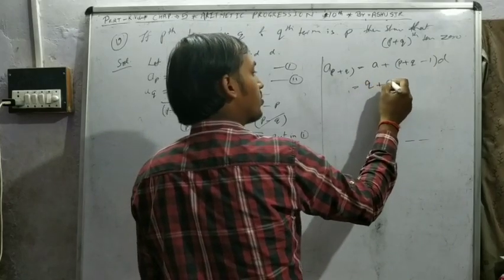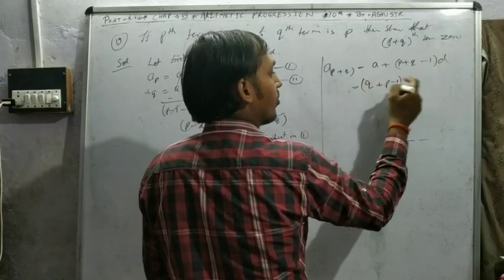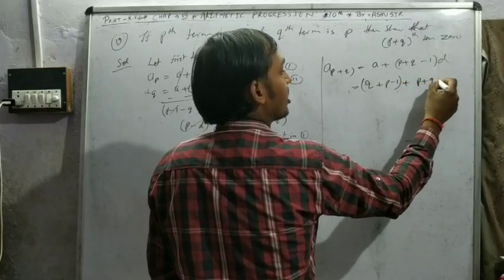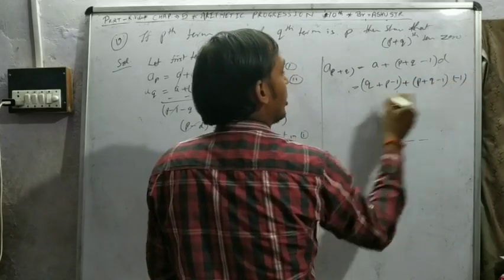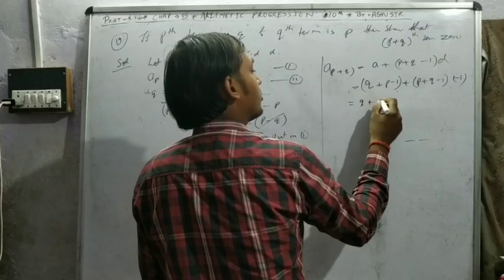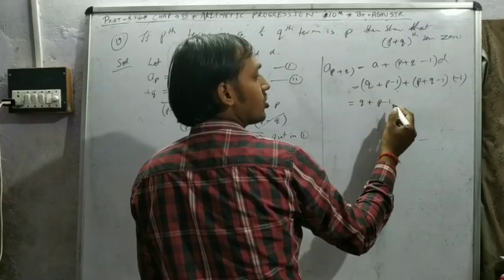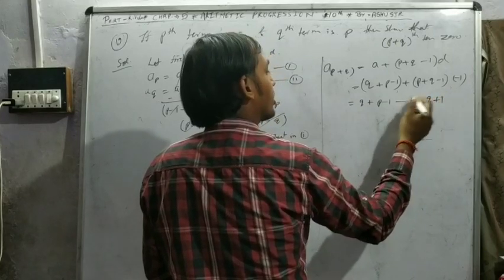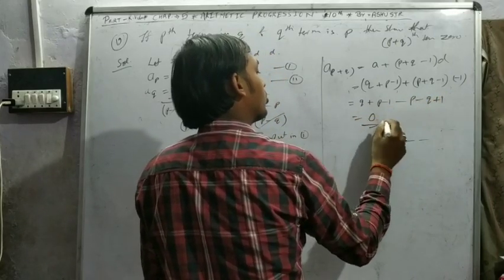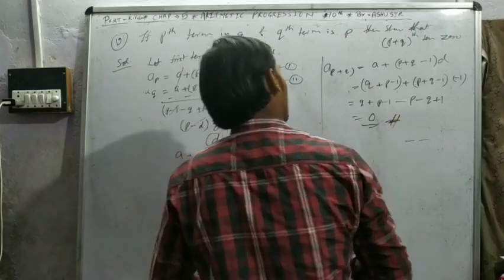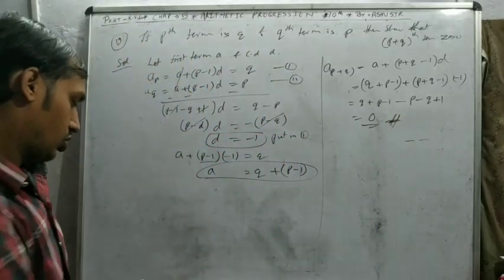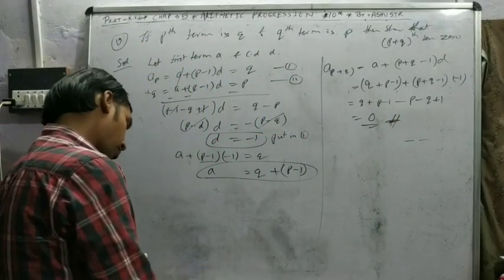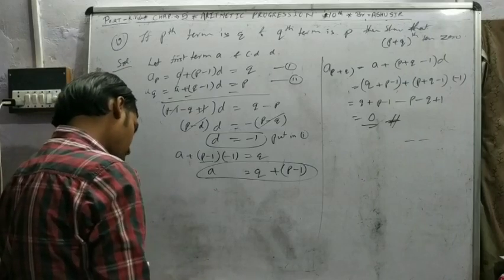The value of A is q plus p minus 1, and D is minus 1. Open both brackets. There is no plus sign, so no change. Minus sign, so all signs change. 1 cancels, p cancels, q cancels, that is 0. That's proved. So the p plus qth term is 0.